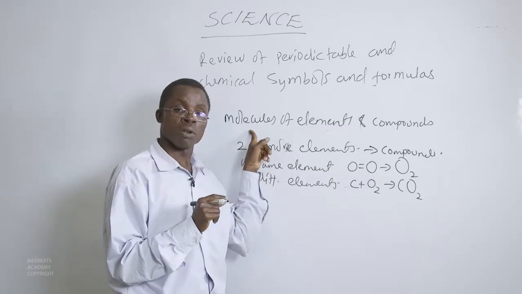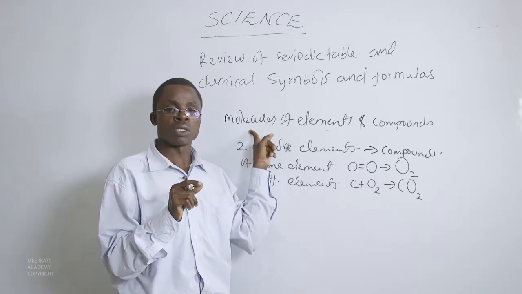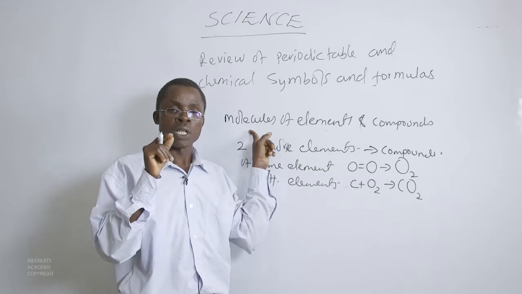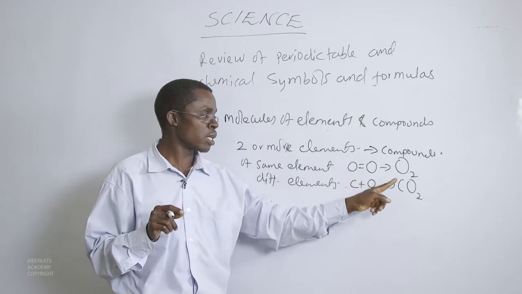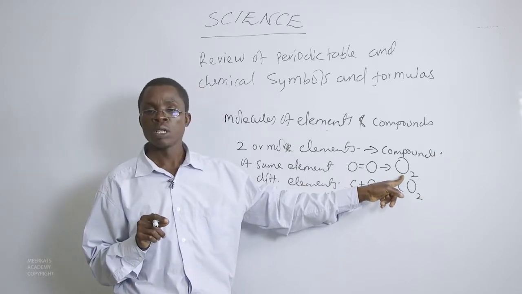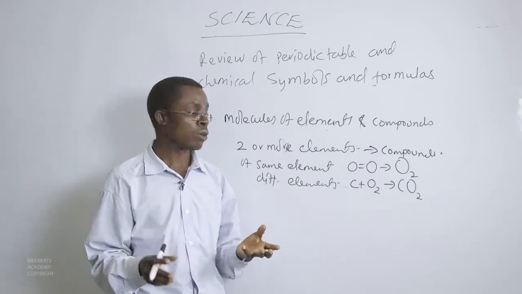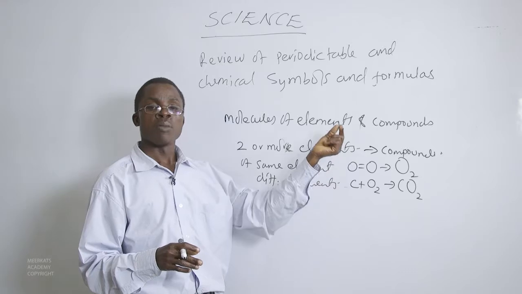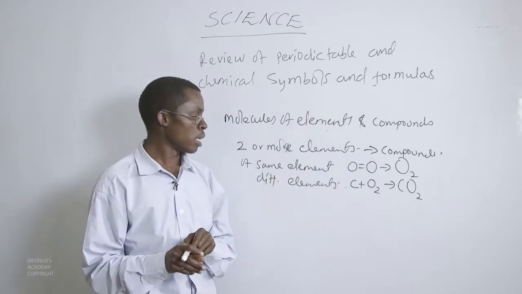A molecule is a compound made of atoms that are of the same element. A good example is the one I've just given, which is oxygen gas, nitrogen gas, and so on. There are molecules made of atoms, and the atoms are of the same element.